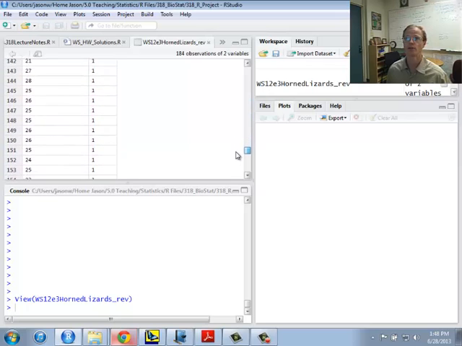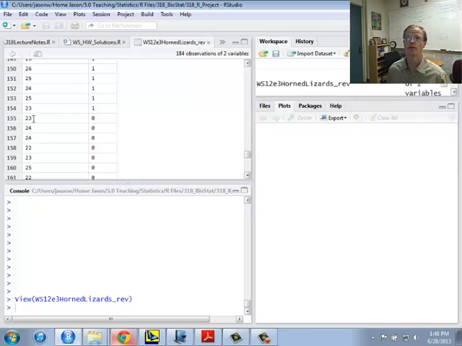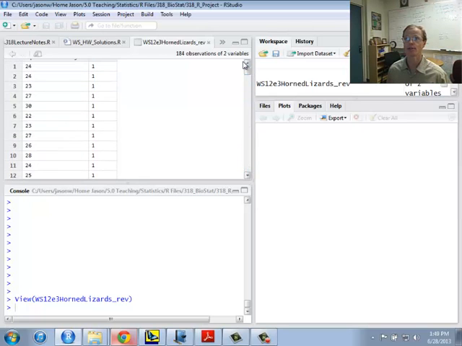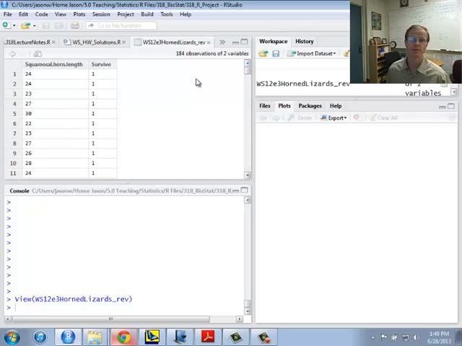The 1 turns into a 0 here at 155. The 1 is representing the living, the 0 is representing the dead, and the horn length is all in one column. This is our standard case variable format. So I have the two variables, length and survive, and then these are all the cases or the individual observations.